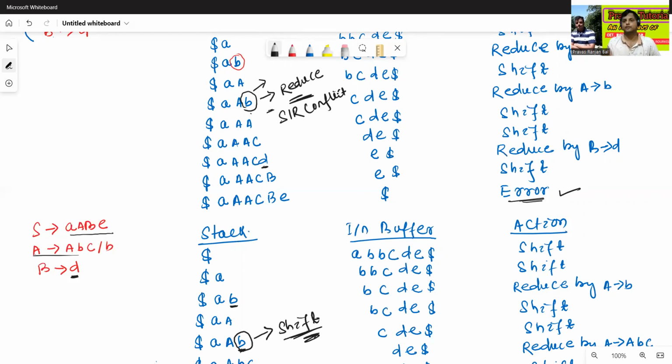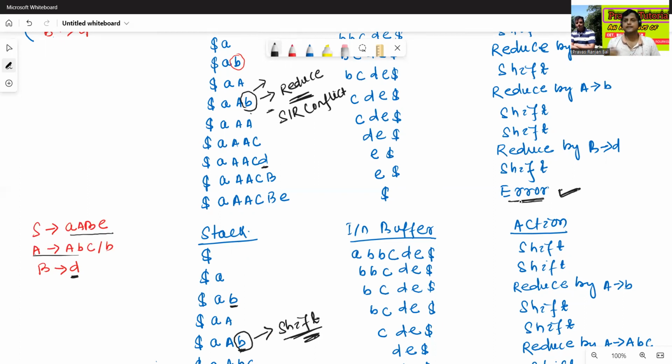SR conflict means shift reduce conflict. It means the parser will be confused. Either the parser will consider the shift action or the reduce action. If the parser considers the reduce action, then the string is rejected by the parser.